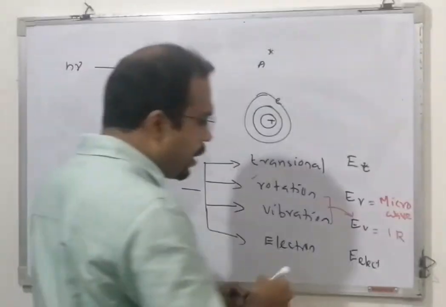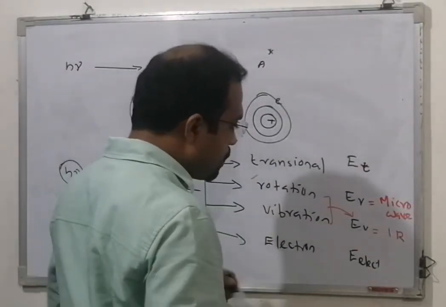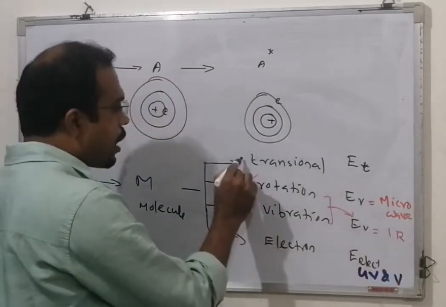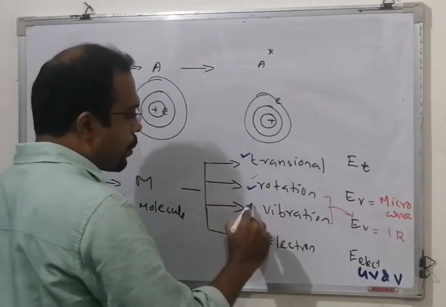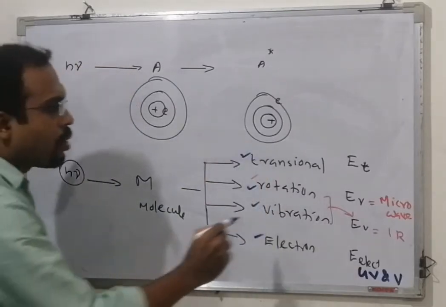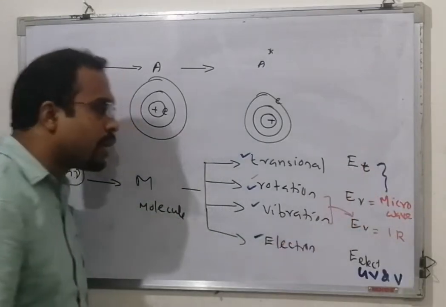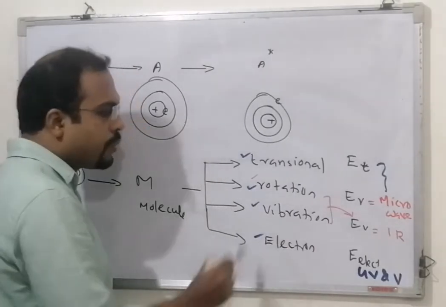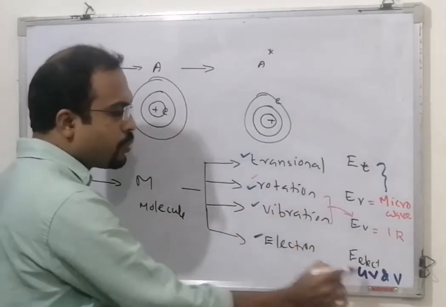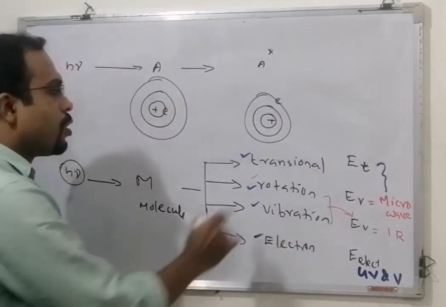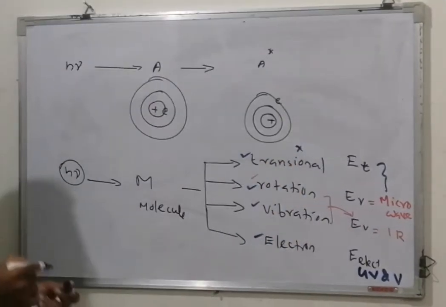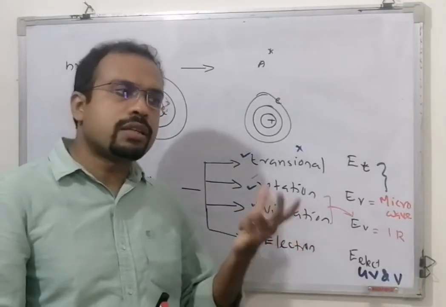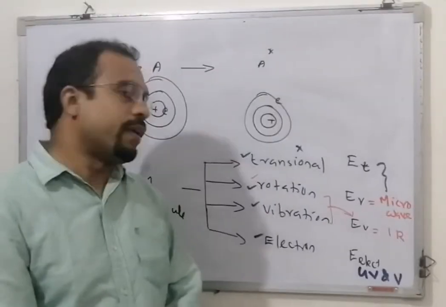If it is in UV and visible, all of these happen: translation, rotation, vibration, and electronic change. Normally we are not discussing translational change because it is a very low energy change.